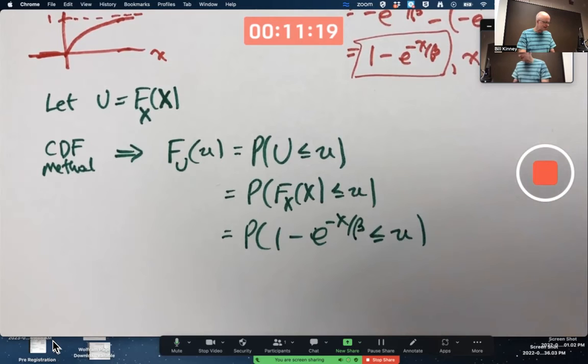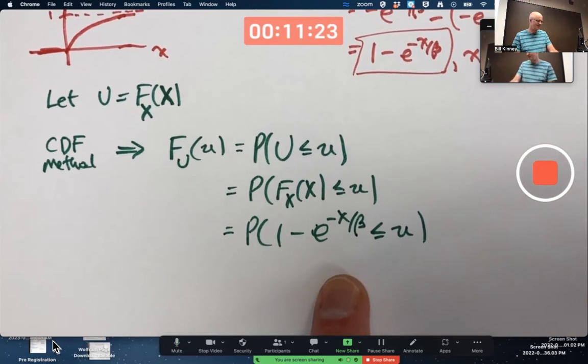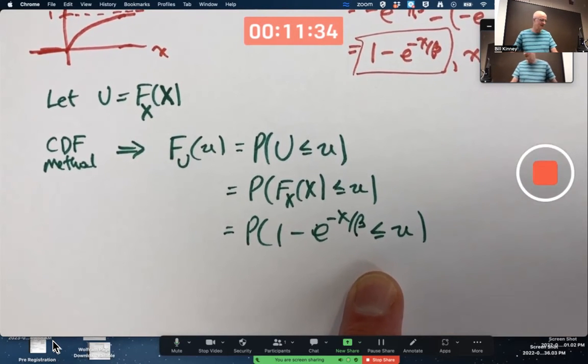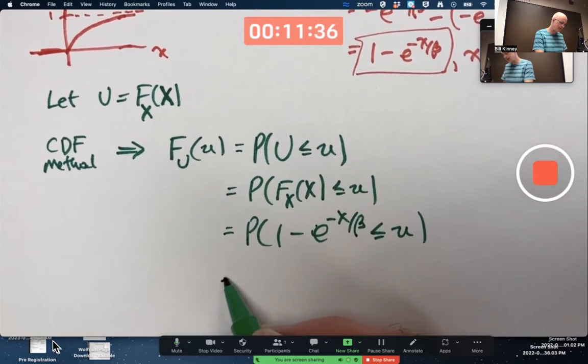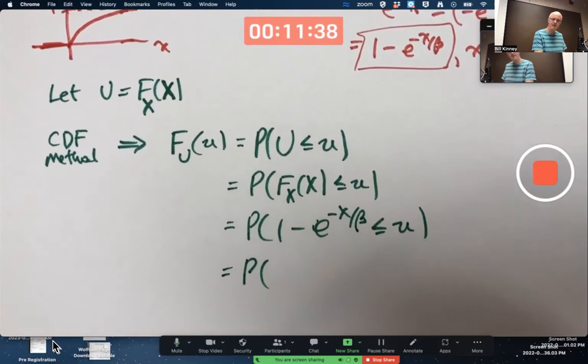What should I do with this? Maybe simplify this somehow. Maybe I should solve for capital X. Solve this inequality. Maybe it's worth a try. See what happens when I do that. How?